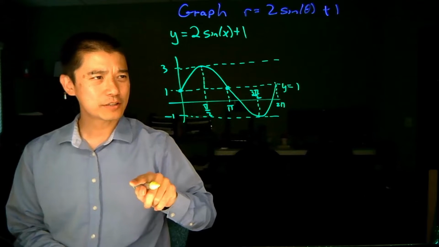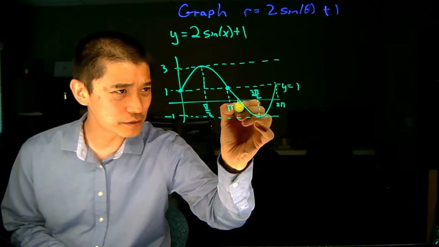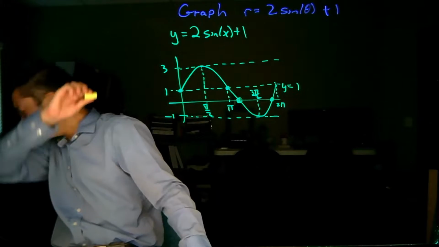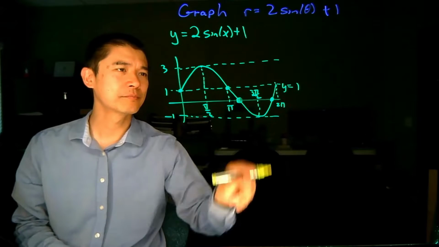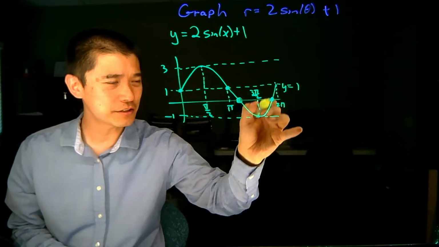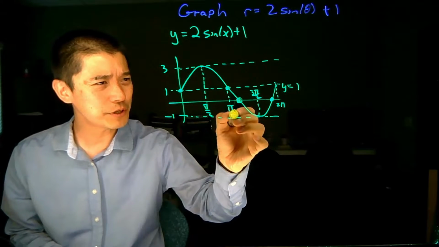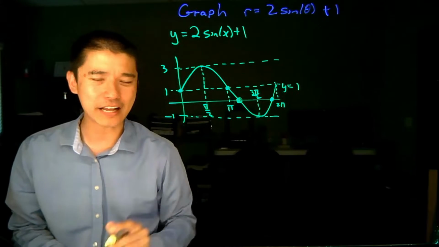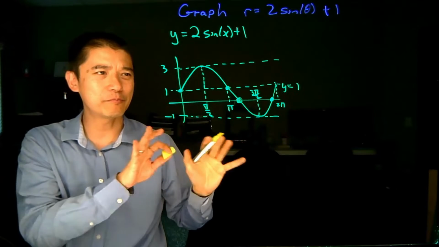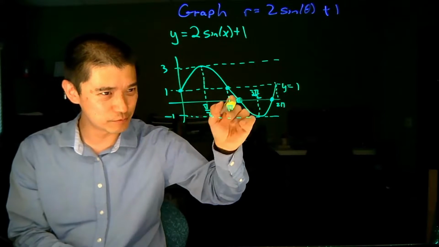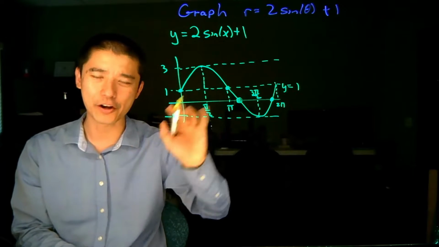Now we can notice that in this particular graph, there's another interesting point that we're going to run into. Where the graph crosses 0 is an important point that we're going to need to look at. And so we can go through the process and actually find out exactly where those things are. But for what we're doing in this class, I'm just good enough with you guys knowing that it crosses through 0 and showing that on your graph.